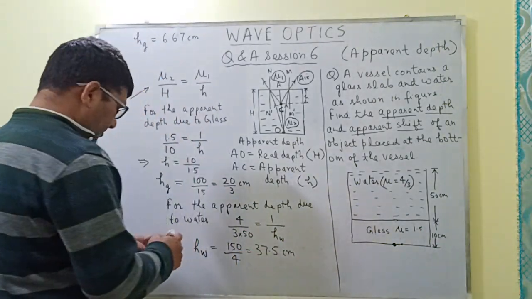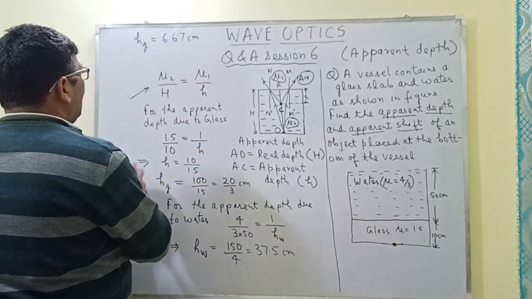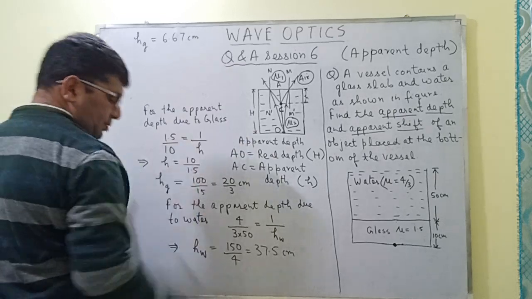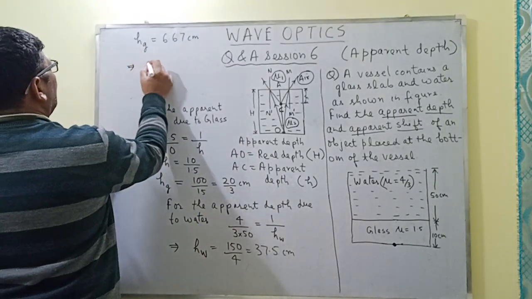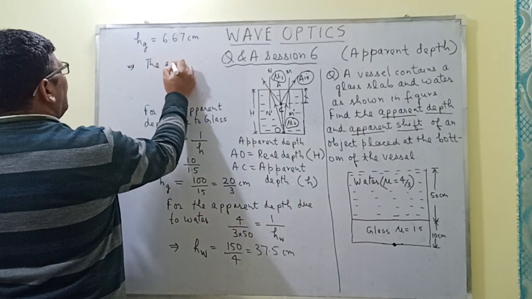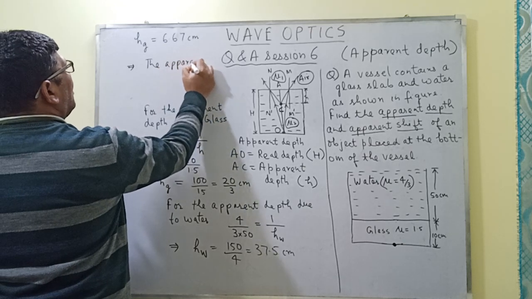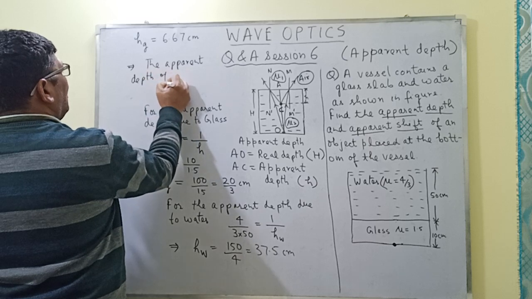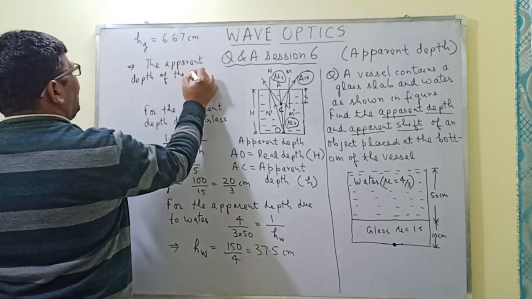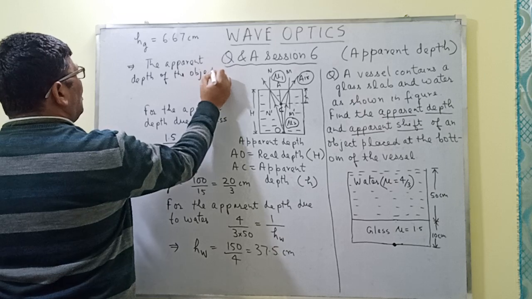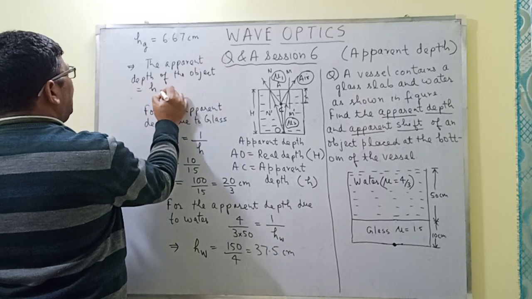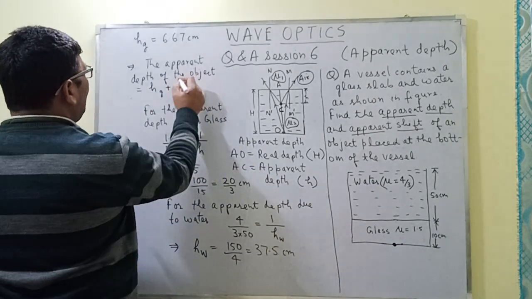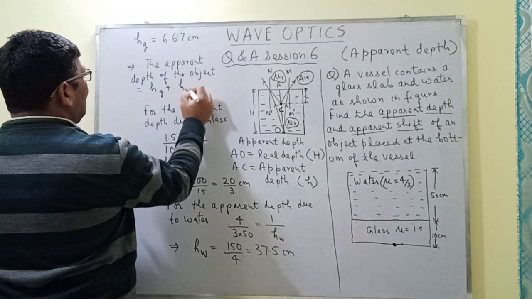So the apparent depth of the object will be equal to Hg, that is the apparent depth due to the glass medium, plus the apparent depth due to the water medium.